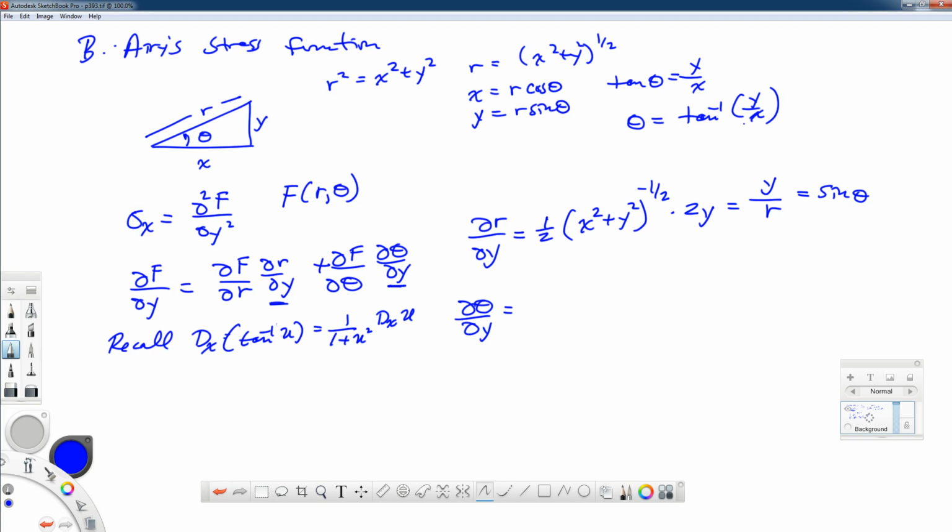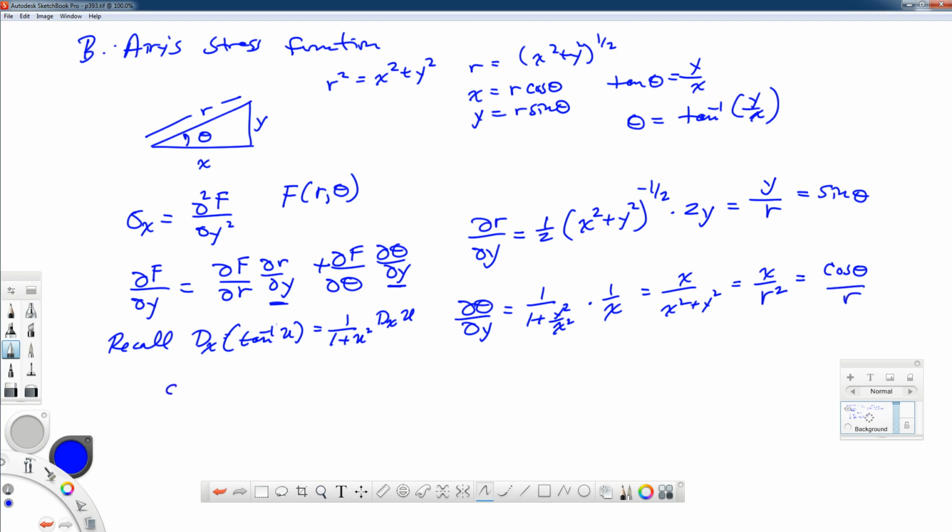It's the inverse tangent of y over x. So it's going to be 1 over 1 plus y squared over x squared, times the derivative of that argument, which is 1 over x. We can find a common denominator and multiply things through. That would be equal to x over x squared plus y squared. It's equal to x over r squared, which is equal to x over r divided by r. That's going to be the cosine of theta divided by r.